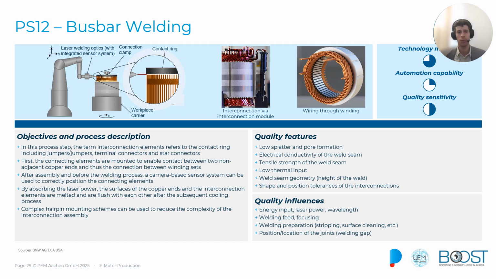This is one of the few process steps which is hard to automate, which is why we still see workers doing this process step. Once again, the energy input, the laser power, and the focusing are crucial for the quality of this process.